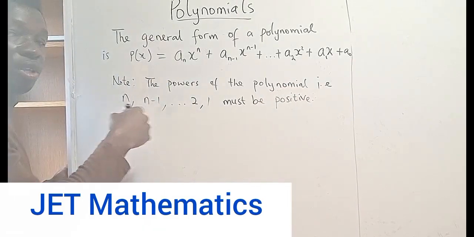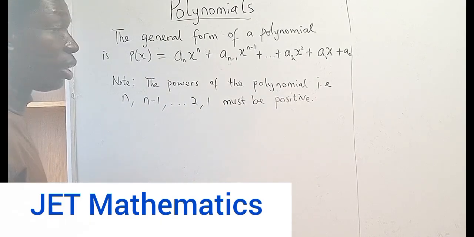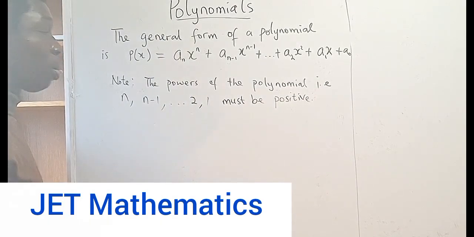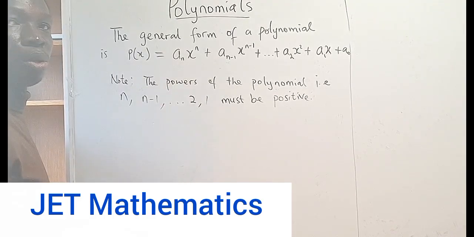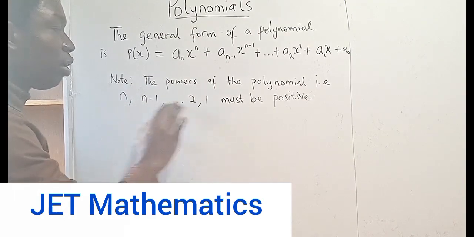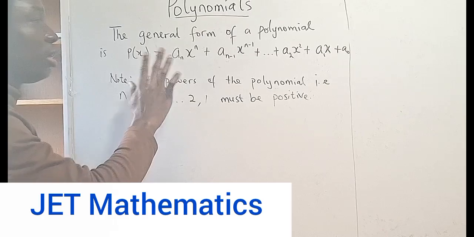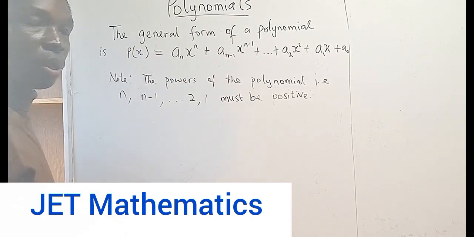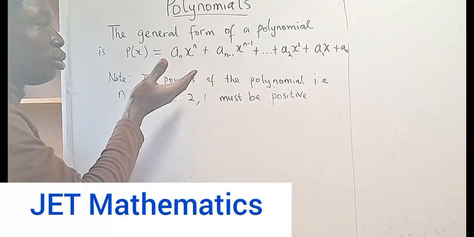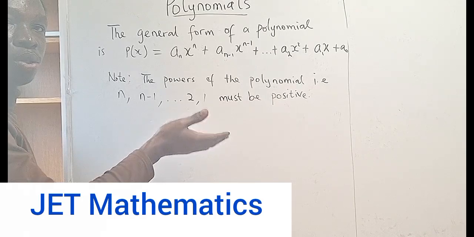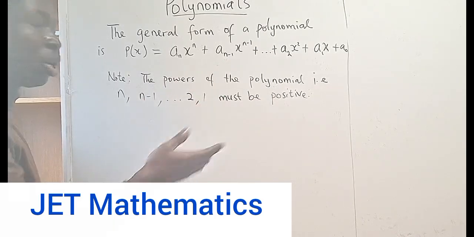So if any of these powers are negative, then it is not a polynomial. We'll see in our next video how to recognize or choose which is a polynomial or not.